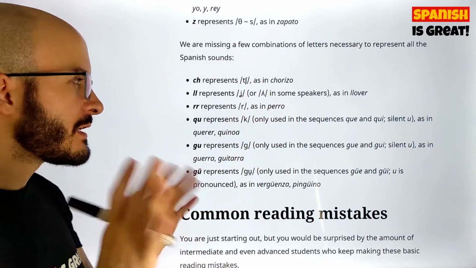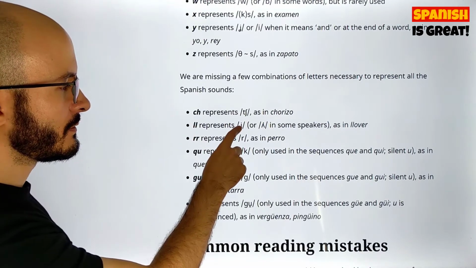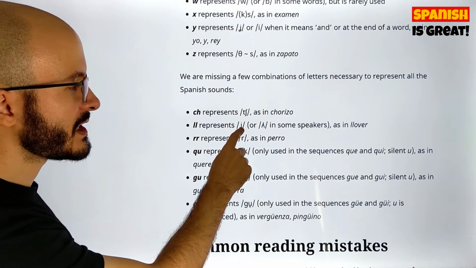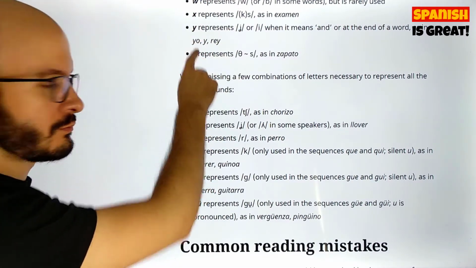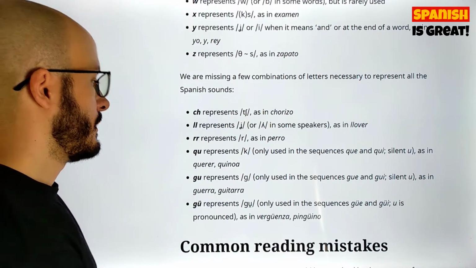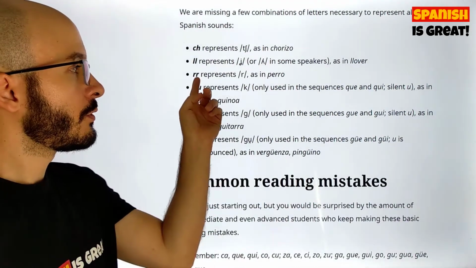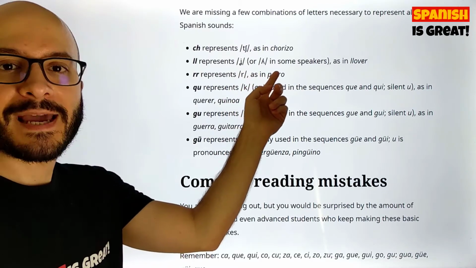Okay, so in general we see that double L is the same sound as Y. Okay, llover, to rain.